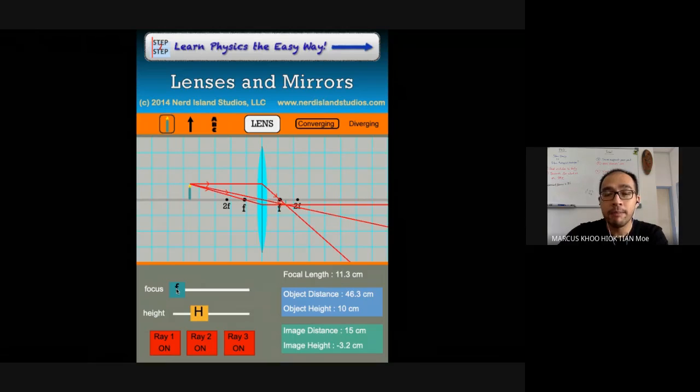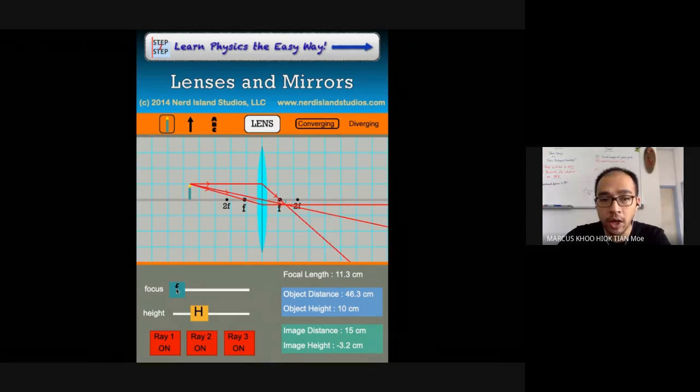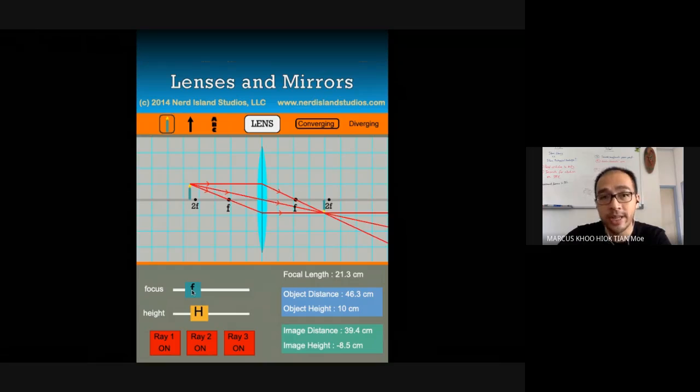But actually for me it doesn't matter, because you can leave it at 20, although now I cannot set it as 20 anymore. Let's say you want to use a focal length of 18.8 cm. No problem. The most important thing now is your object distance.